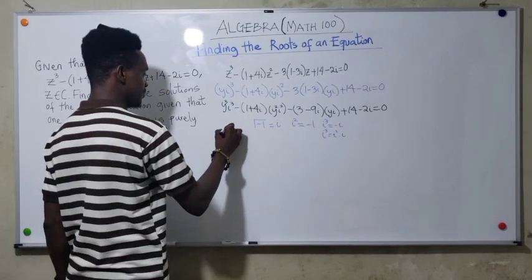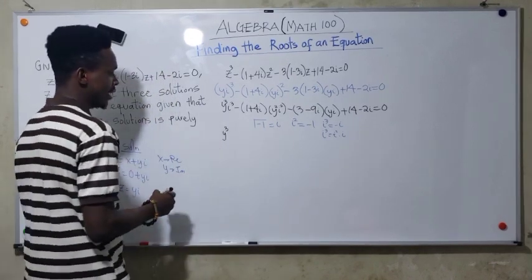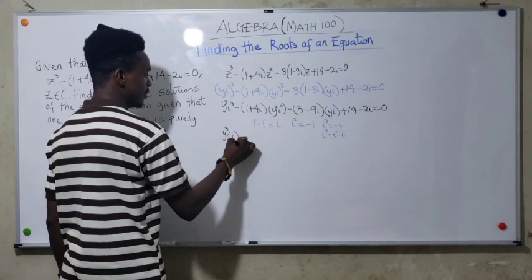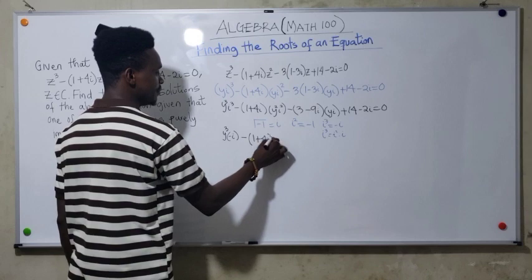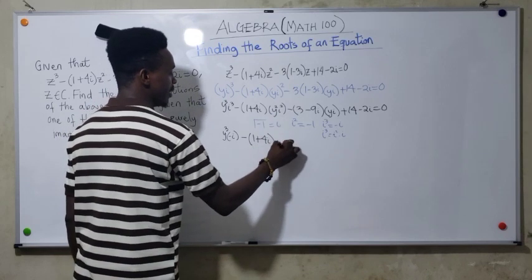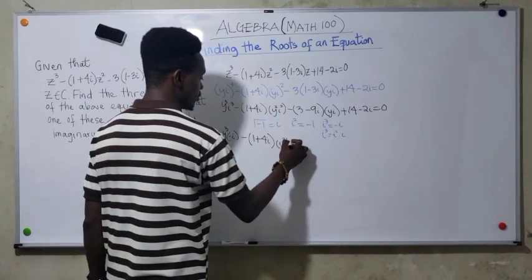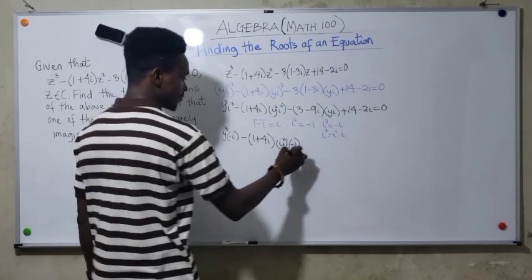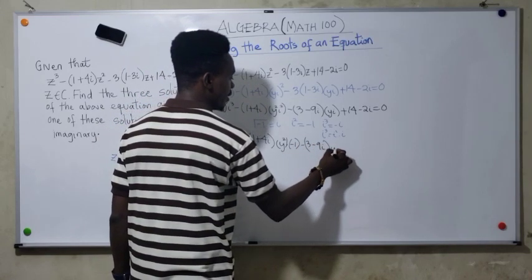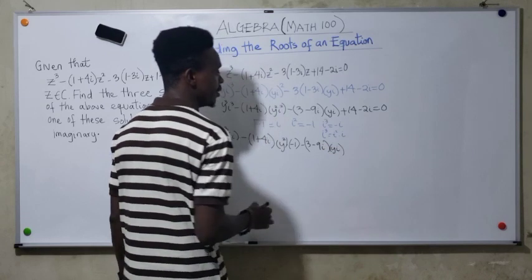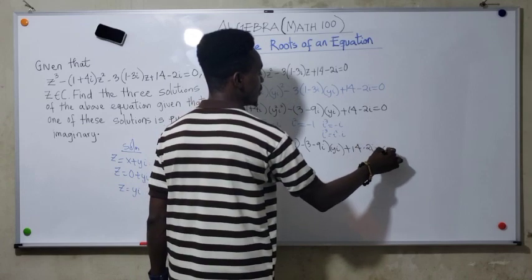So we will have y cubed, and i cubed replaced by minus i. Minus (1 plus 4i) y squared, and obviously i squared replaced by minus 1. So I have minus 3 minus i, plus 14 minus 2i is equal to 0.